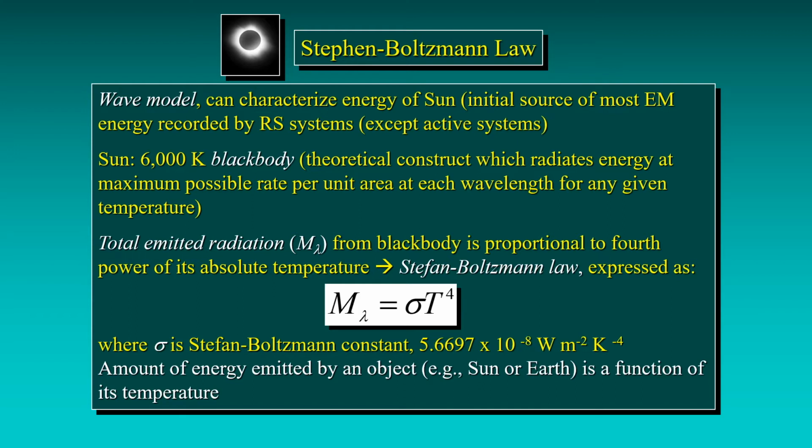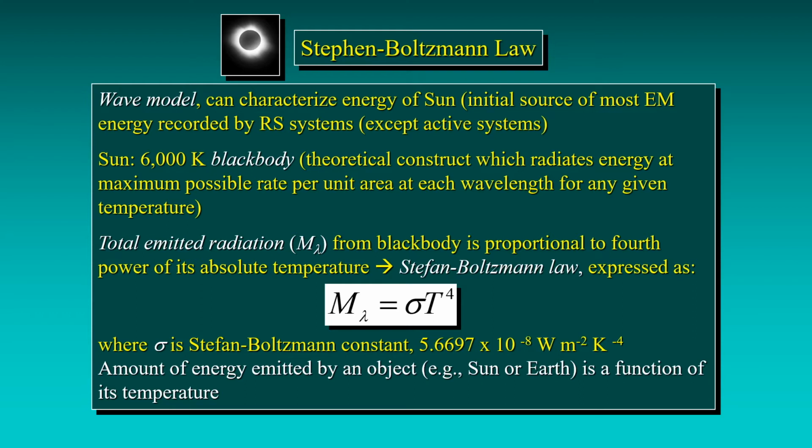We express that with this equation: M_lambda is equal to sigma T to the fourth power. In this case, sigma is the Stefan-Boltzmann constant, which is 5.6697 times 10 to the negative 8 watts per square meter per Kelvin to the fourth power.